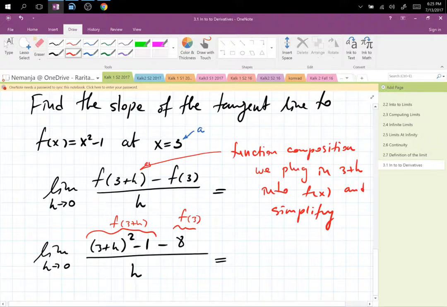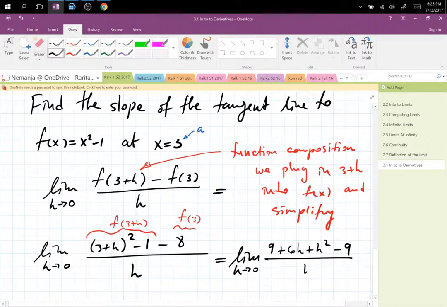Square this. So now just grind the algebra. Let's go. We have 9 plus 6h plus h squared minus 9, divided by h. These 9's annihilate each other, right? 9 minus 9 is 0.